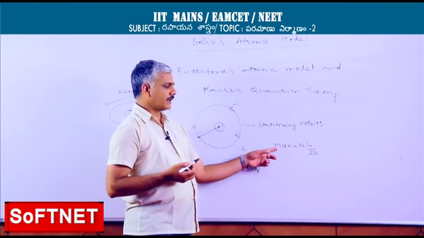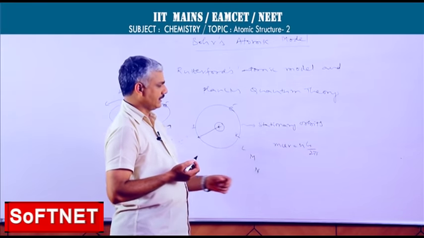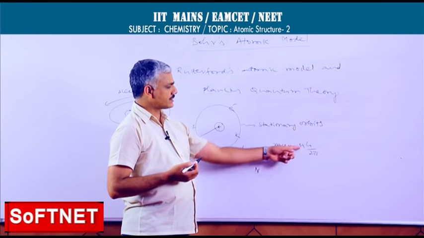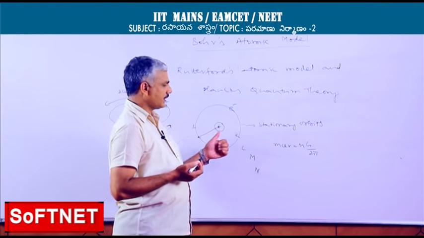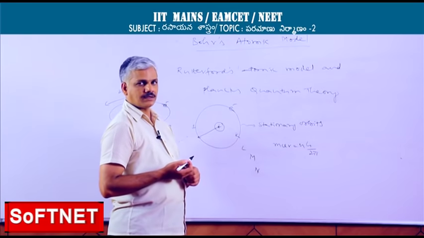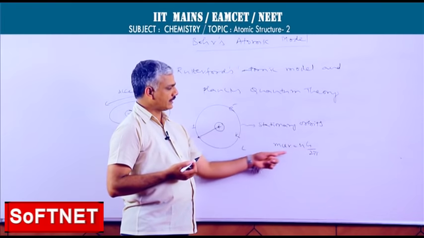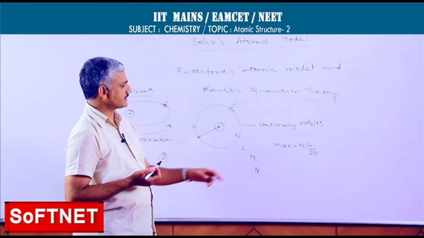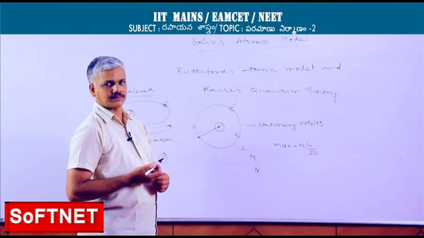This product mvr represents the angular momentum of the electron. h stands for Planck's constant. n stands for the number of the orbit. So, the electron can stay only in that orbit where its angular momentum value is a multiple of h/2π. So, this condition is called the quantization of orbit condition.